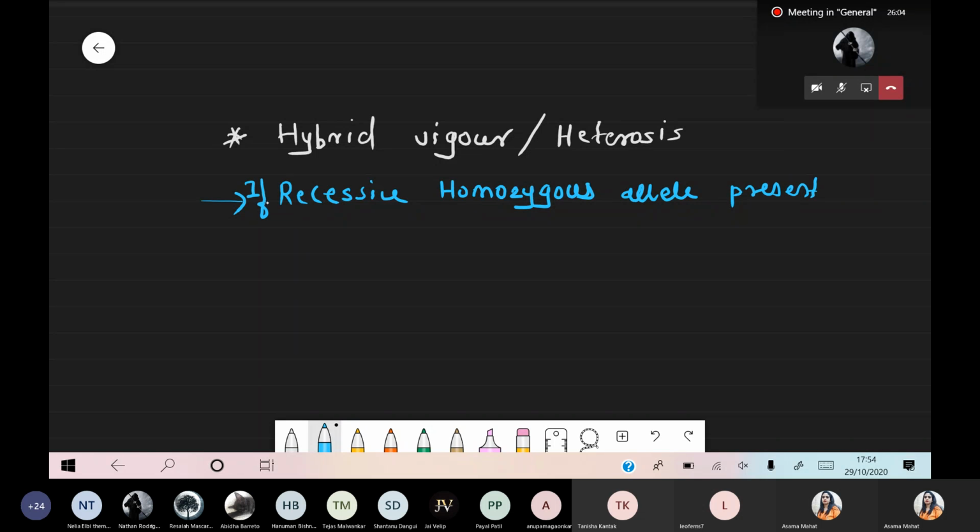If a recessive homozygous allele is present, at that time they are showing some harmful effect.